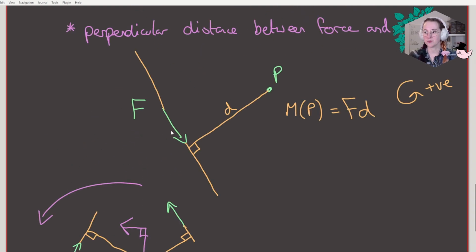From this equation, we know that the further away a force is from a point, the bigger the moment. There's a whole spiel that we could do about torque, but we're not going to go into that just yet.